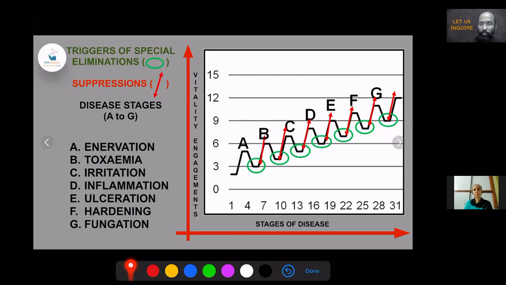And when we ignore those cues, when we don't listen to the physical cues, the voice of the organism, when we deny that and suppress, then it leads to toxemia, which is B here.